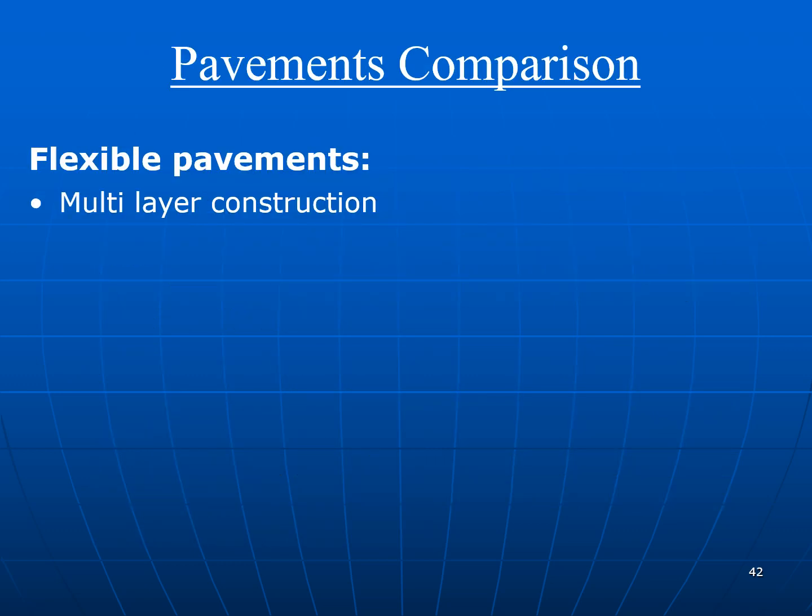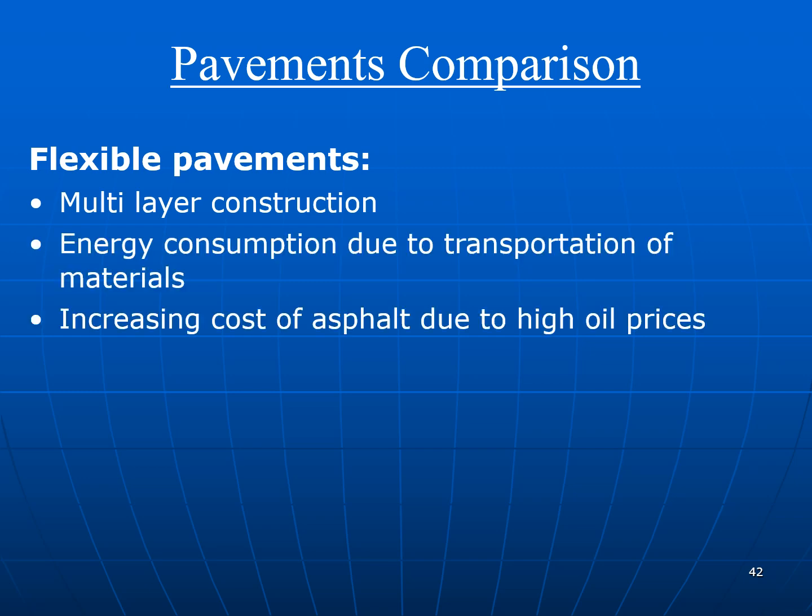Pavement comparison. So look at the flexible pavements. Multi-layer construction, we are having the different layers. At the top we are having the surfacing, then beneath that we are having the base course, then we are having the subbase, and then we can see the subgrade.